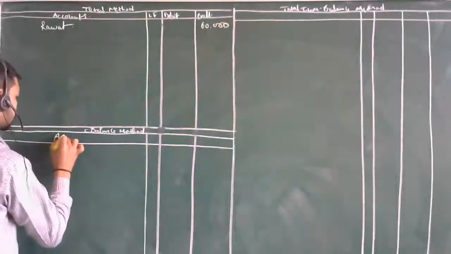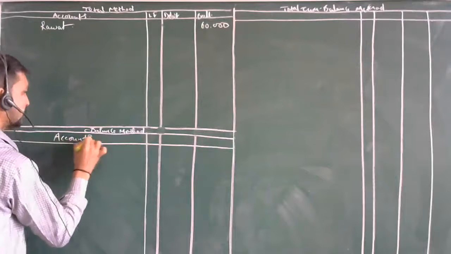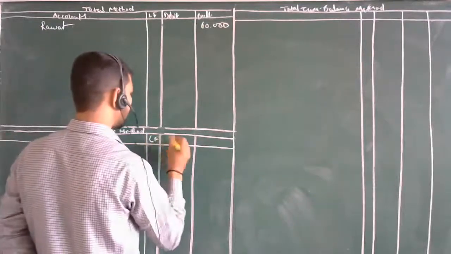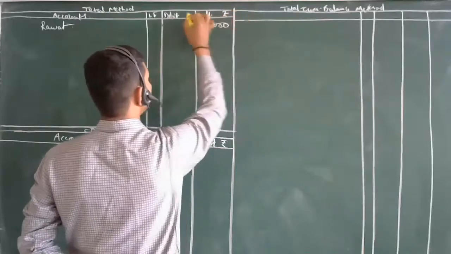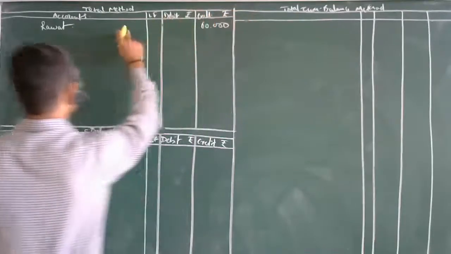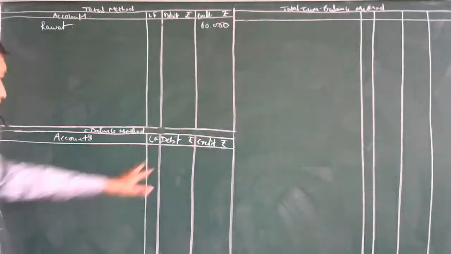Let's go for this as well. Both methods one by one we will get over here. The amount is in rupees. This is the total method and this is the balance method, so the debit and credit columns are taken here.